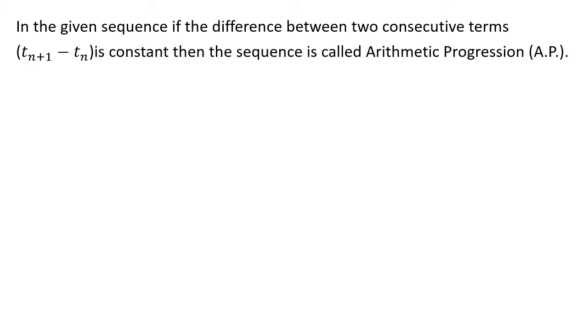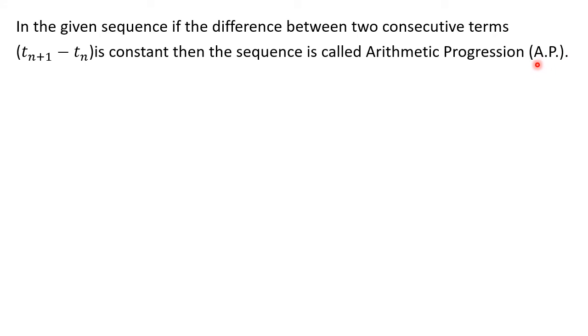First of all, that means all the terms are arranged in a definite order, but it is a special type of sequence where the difference between two consecutive terms, the terms which are appearing one after the another, that means Tn plus 1 minus Tn. For example, T2 minus T1 or T3 minus T2. Difference between two consecutive terms, if it is a constant, then the sequence is called as arithmetic progression, AP.